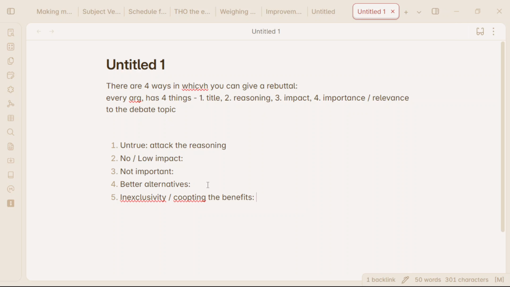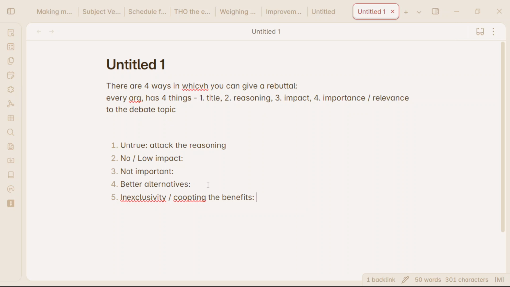Now you do not find any way of rebutting this third argument, right? So what you just say is that okay, this argument does not go entirely to their side, because whatever benefit they are able to achieve in this third argument, we are also able to achieve the exact same benefit.